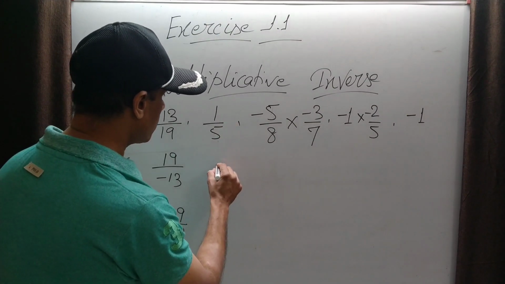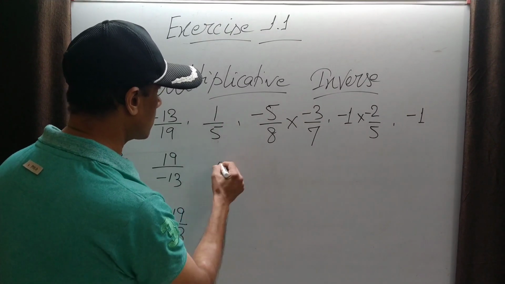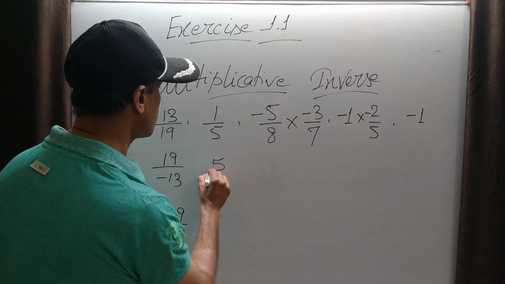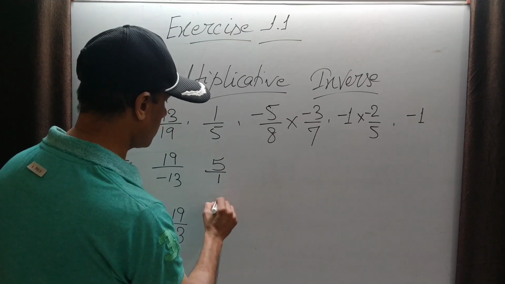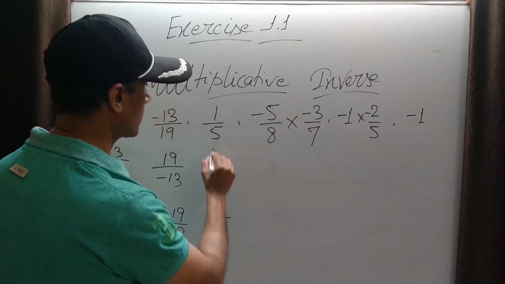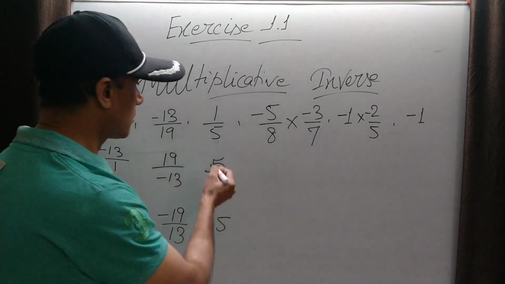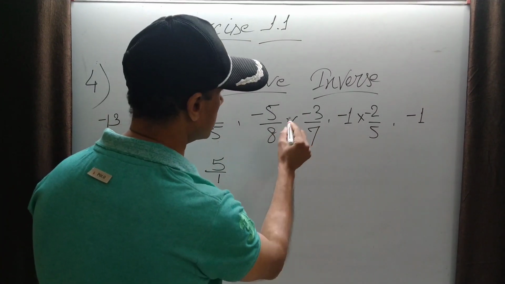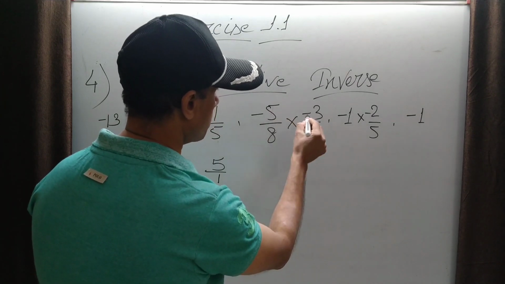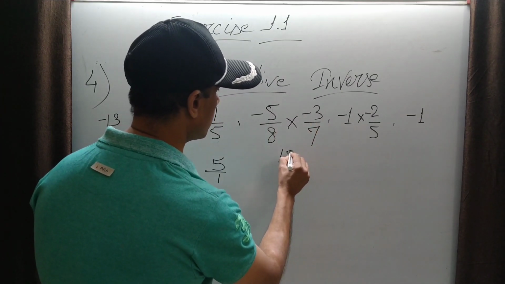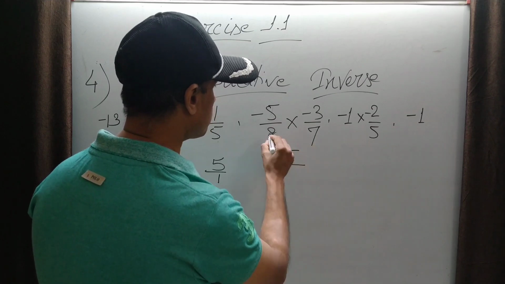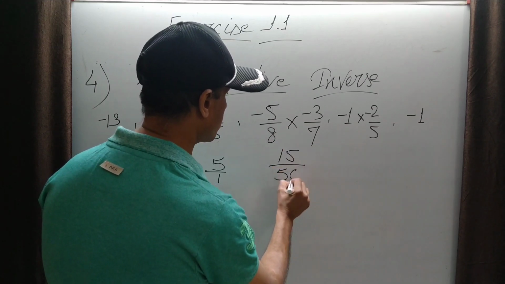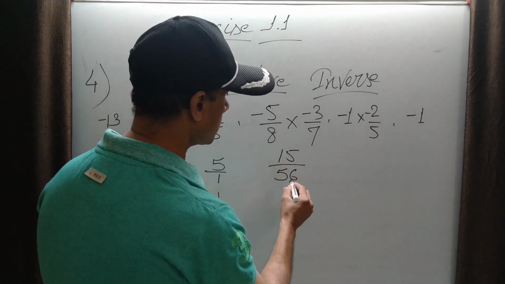1 by 5, how do you write? The reciprocal of it is 5 by 1, or this is the same as 5. So the multiplicative inverse of 1 by 5 is 5. Let's solve this first, then go ahead. This is minus into minus is plus, and this becomes 15 by 56.